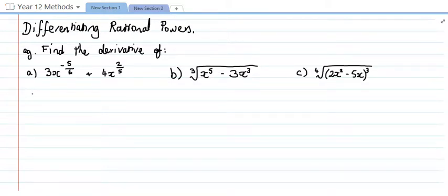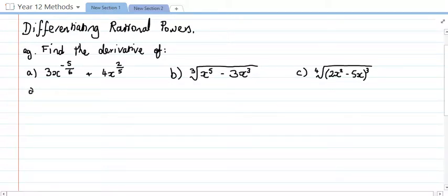So I'm just going to write dy dx is equal to, and we just move the powers down the front, so it's negative 5/6 times 3, which is the same as negative 15/6 or negative 5 on 2 x, and now I need to take away 1 from this power, so it becomes negative 11 on 6.